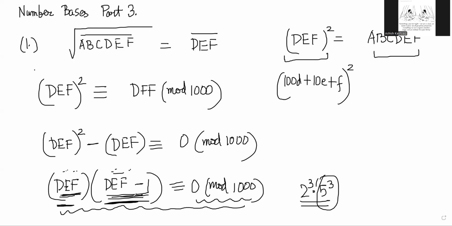No, you cannot say 0 mod 1000 directly, because how will you make 3-digit numbers which are 0 mod 1000? You have to make the product 0 mod 1000. That's what we are saying, that one of them has the 2s and one of them has the 5s.